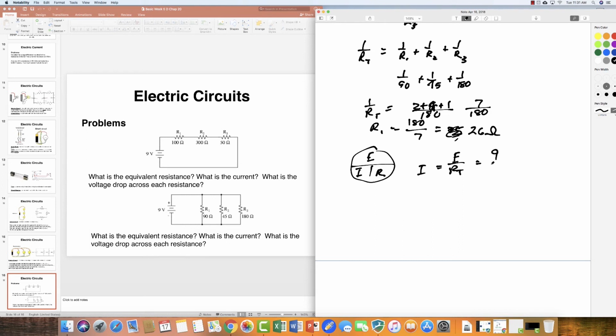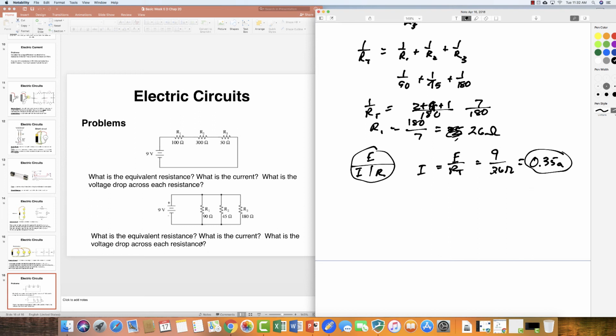So we have 9 volts and 26 ohms. So the overall current is going to equal 9 divided by 26, or 0.35 amps. 0.35 amps would be the equivalent.